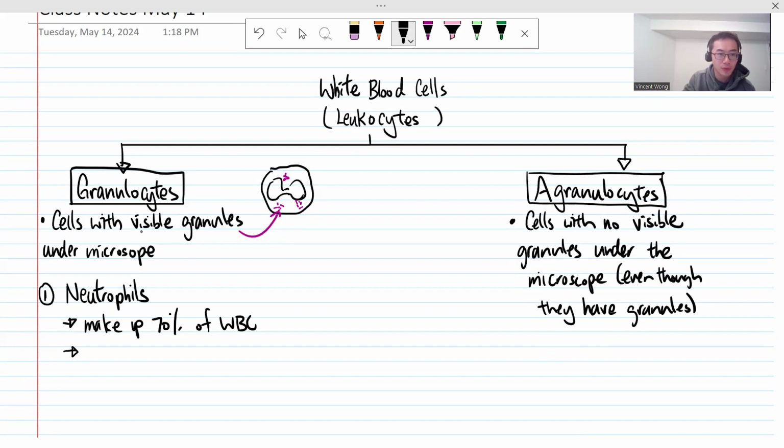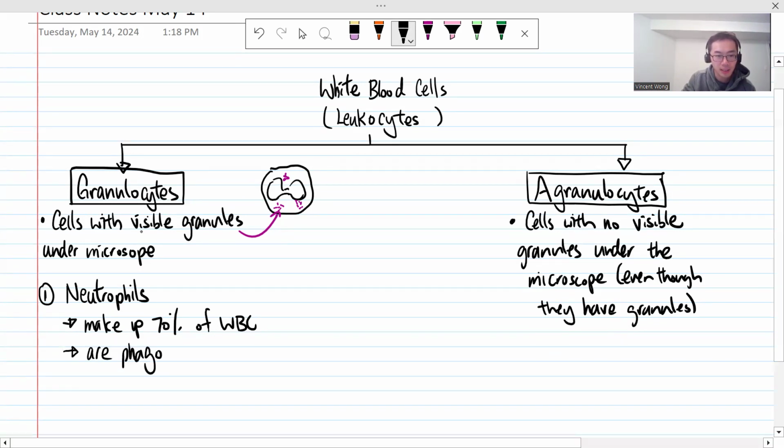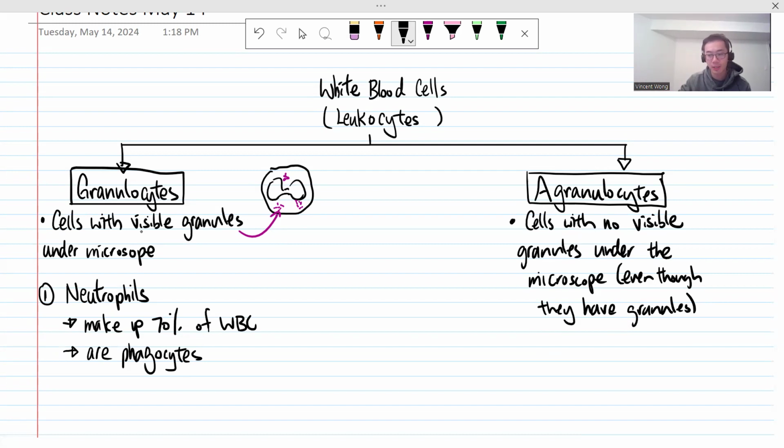So neutrophils, they are phagocytes. You remember phagocytosis last semester? They go around and eat things, right? That's what the neutrophils are. They move around the body and they eat up anything that is not supposed to be there. They see a bacteria, no problem, let's eat it up. They see a dying cell, let's eat it up.